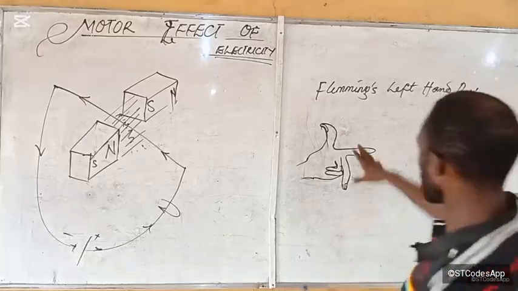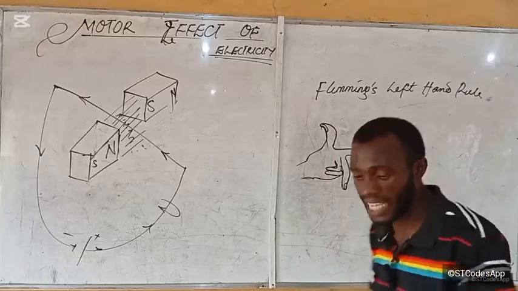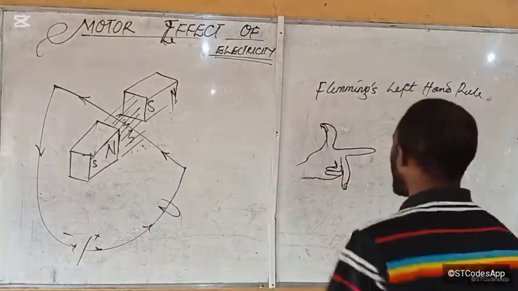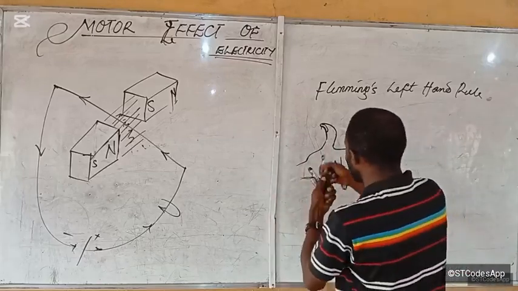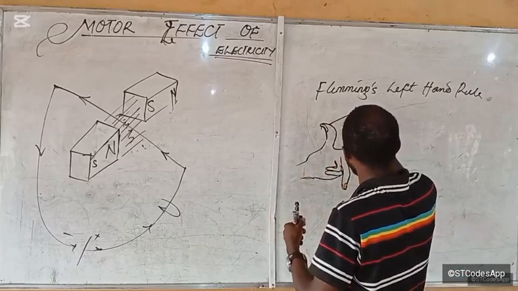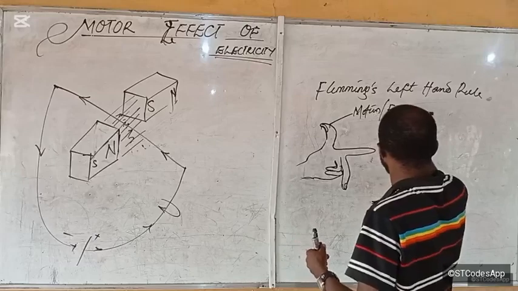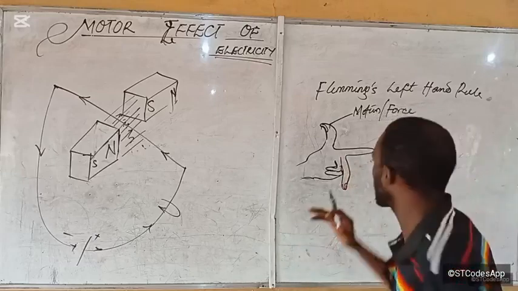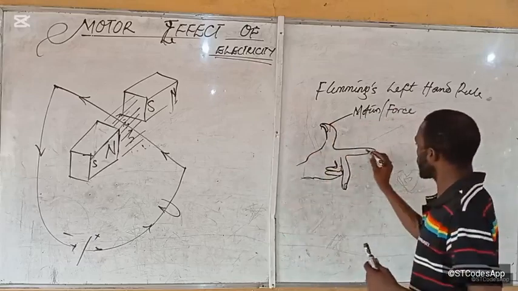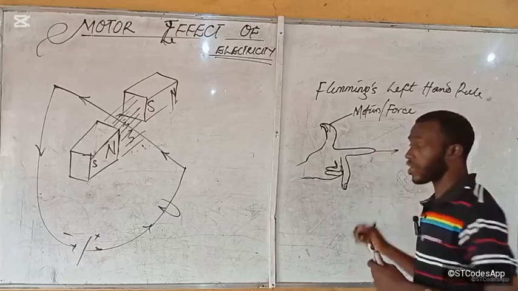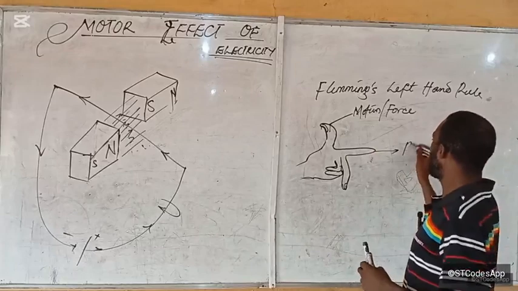All right, so look at this. Now, this is the Fleming's left-hand rule. It says that if your left hand is positioned such that your thumb is pointing in the direction of the motion or force, the direction in which the force will push the wire or the conductor, your forefinger is always going to be pointing in the direction of the magnetic field, the B field.